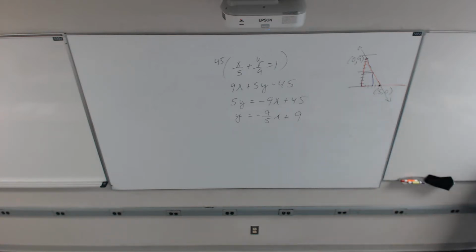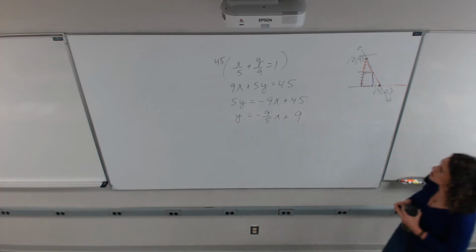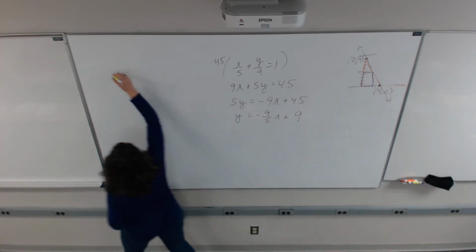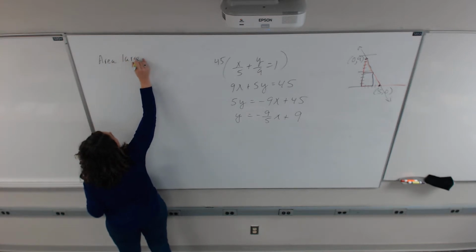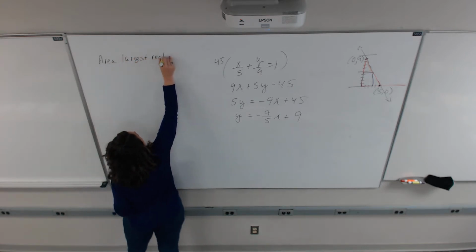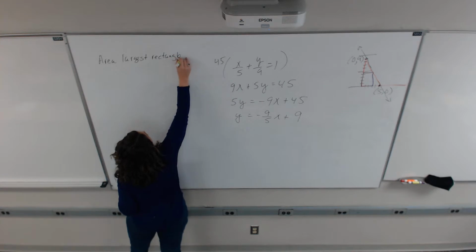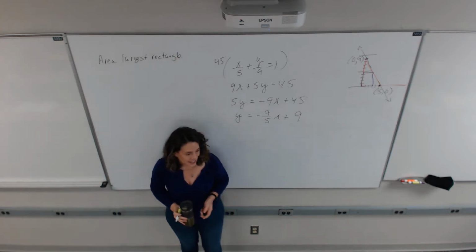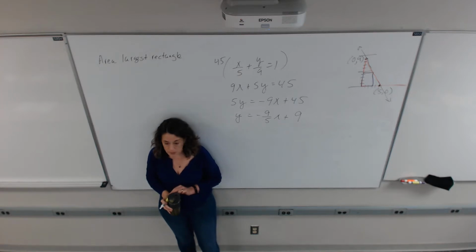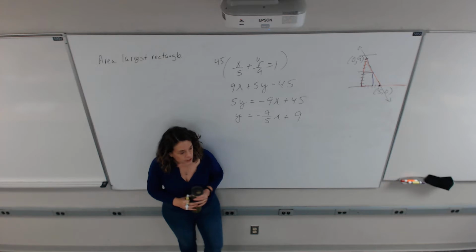And we're supposed to find the area of the largest rectangle. A better way of saying that would be the rectangle with the largest area, which is really what they mean. What are you trying to maximize then? The area.